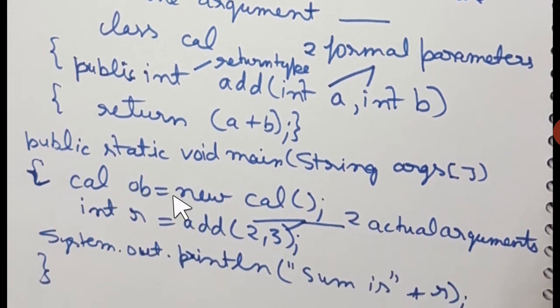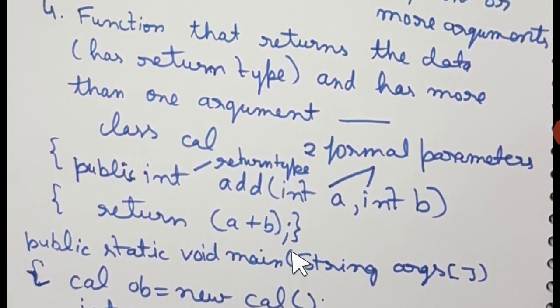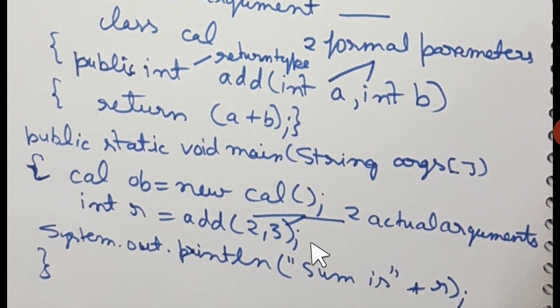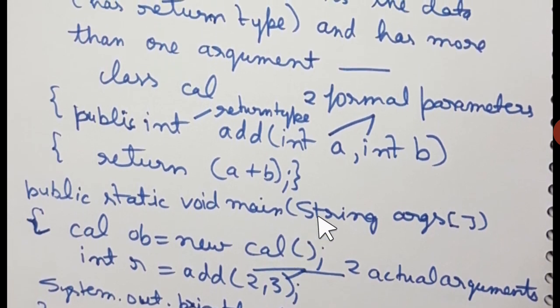After that, students, public static void main String args. Now cal ob equal to new cal, the object has been created, then int r equal to ob.add(2, 3). Two actual parameters are there, so the control will be transferred to this function add, and a and b will have the values which are being passed through this function. So a will become 2 and b will have 3, and finally 2 plus 3, that means 5 is going to be returned.